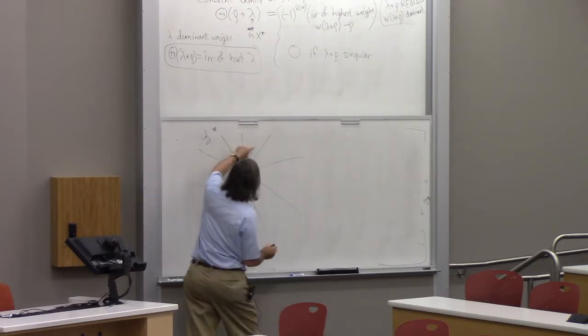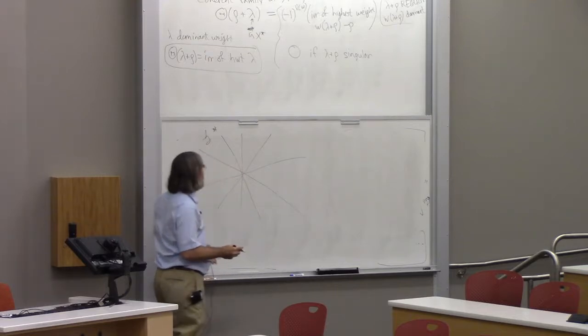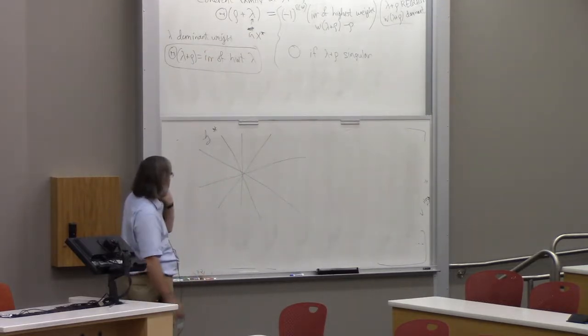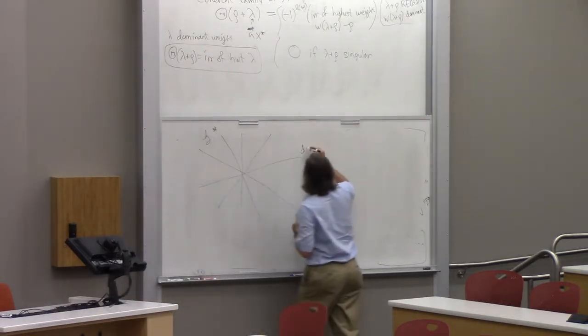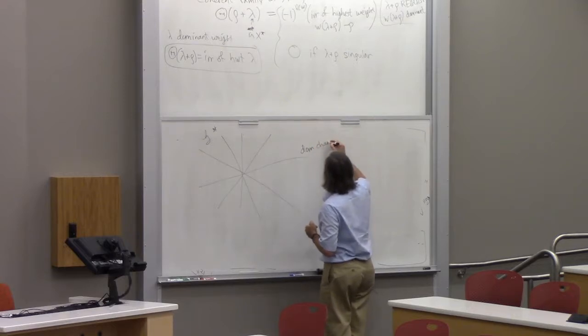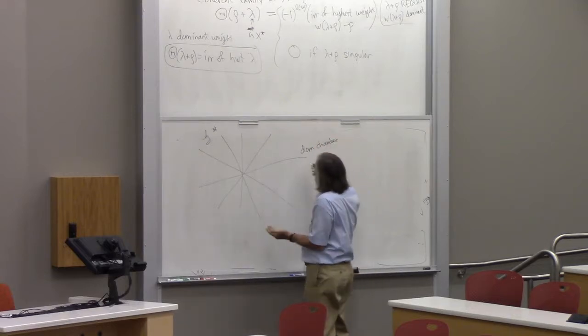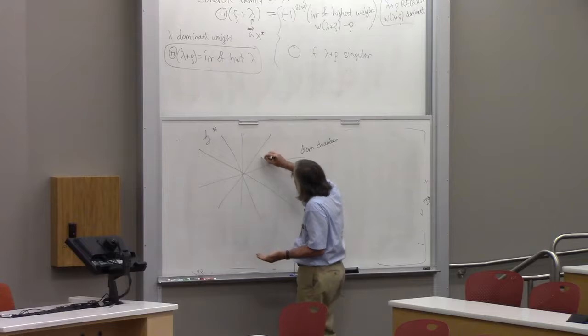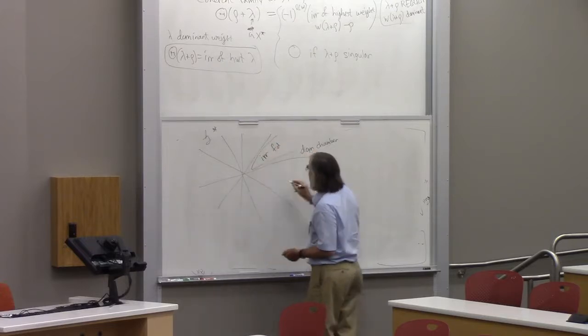This is the familiar case when the Weil group has order 10. So this is the dominant chamber, and here you have irreducible finite dimensional representations.